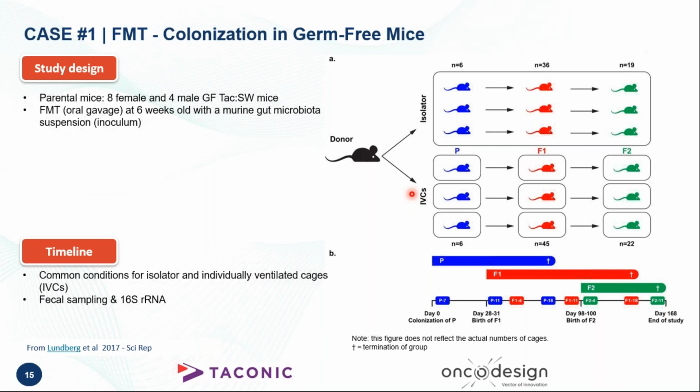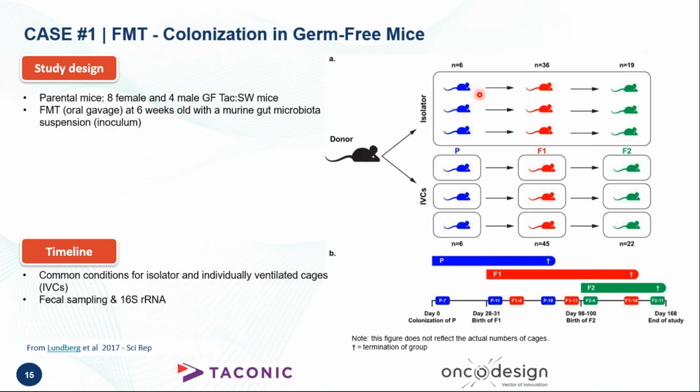These are pictured in black, and we utilized the fecal matter from the colonic contents of these mice to inoculate germ-free Swiss Webster mice by oral gavage. In blue there, they were housed in either, as you can see on top, a flexible film isolator, or just below that, in IVC cages.